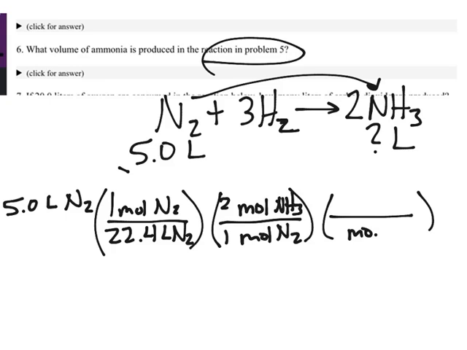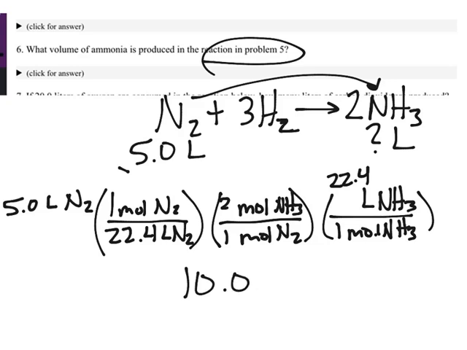And now mole NH3 on the bottom, liters of NH3 on the top, 22.4 liters is 1 mole. Again, the 22.4 could technically cancel out, but don't worry too much about that. This comes out to be 10.0. Actually, there's only 2 sig figs there, so there wouldn't be a 0. This would just be 10 decimal point to make that 0 significant. 10 decimal point liters of NH3.